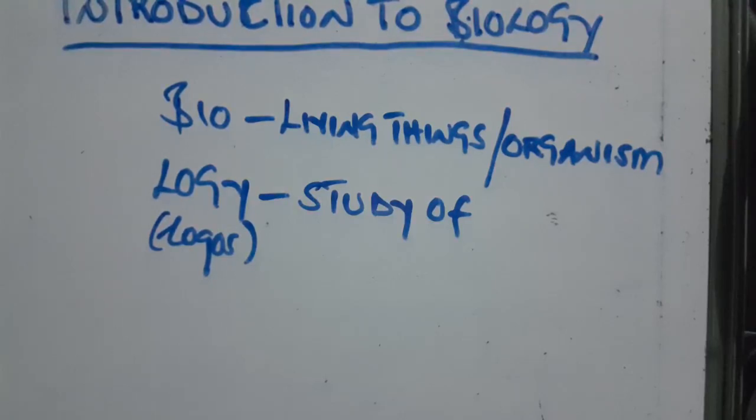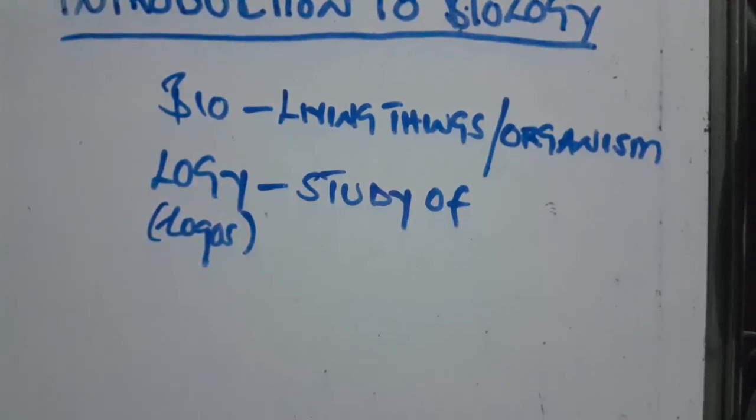These are the two major things which biology seeks to study. The biologists conduct research to investigate these two things, plants and animals, which are examples of living things or organisms.